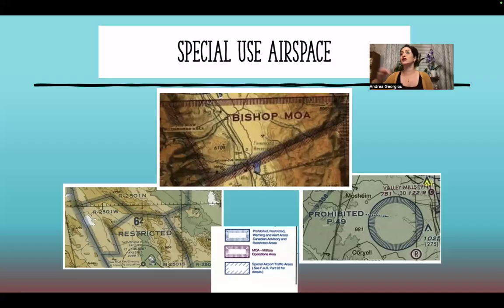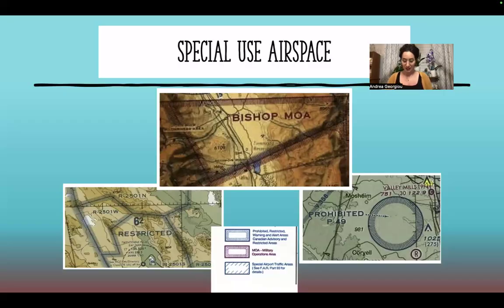Because if it was wholly prohibited, it would be called prohibited airspace. So restricted is like sometimes you're not allowed. Like maybe it says on the legend, Monday through Friday from 9 to 5, don't fly from surface to 10,000 feet without permission. Outside of that, you can fly without permission. So it's a little less restrictive.